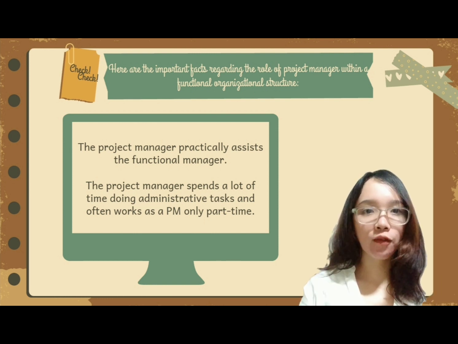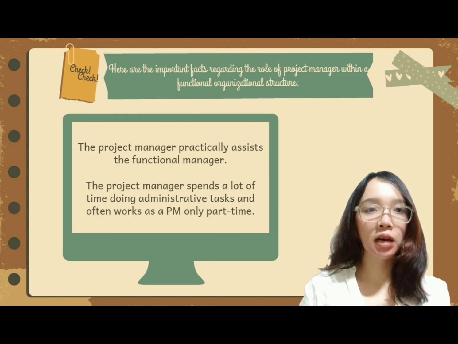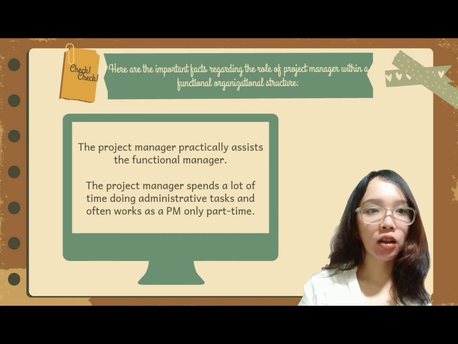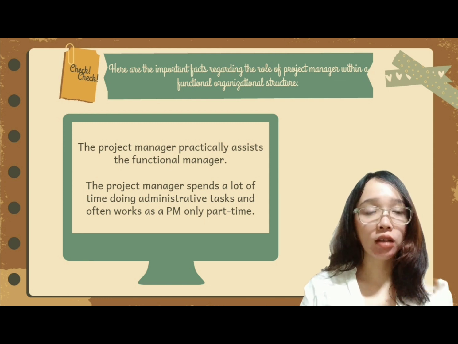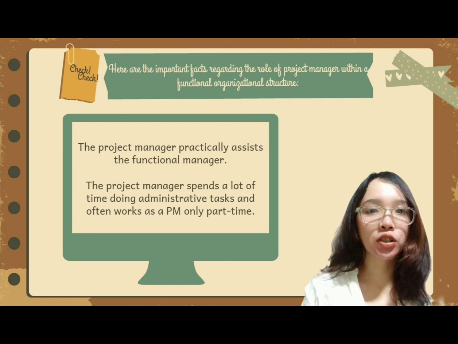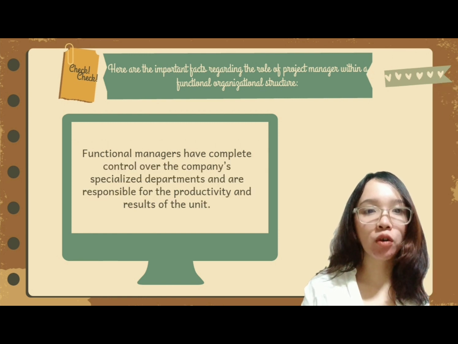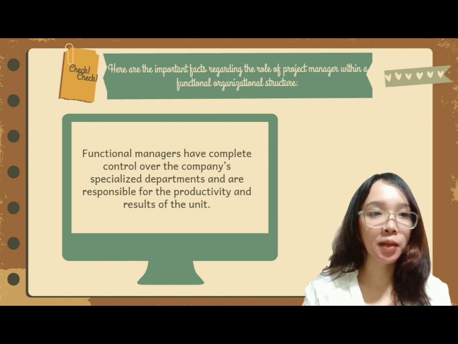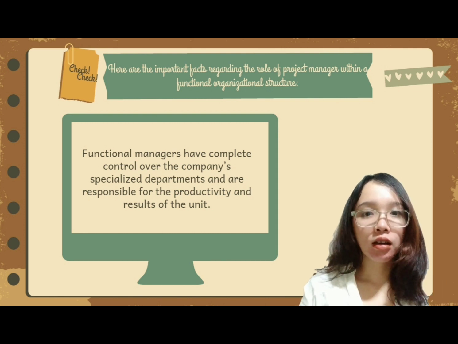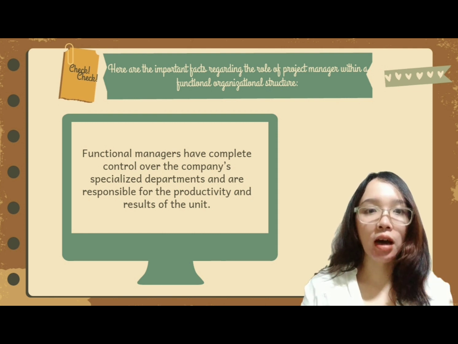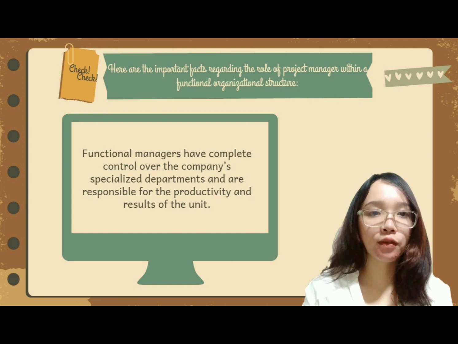In conclusion, in a functional organization, project managers have little or no role when it comes to allocating resources and must completely rely on and hope for the cooperation of the functional managers in order to obtain the resources they need to complete the projects. And functional managers have complete control over the company's specialized departments and are responsible for the productivity and results of the units.